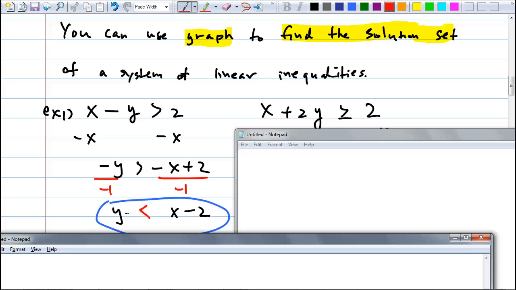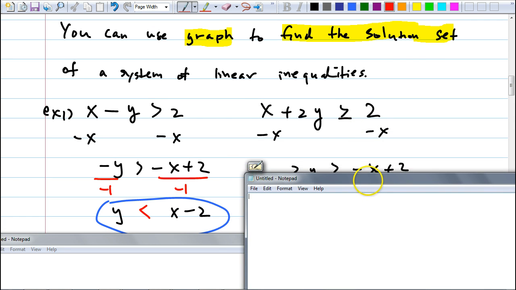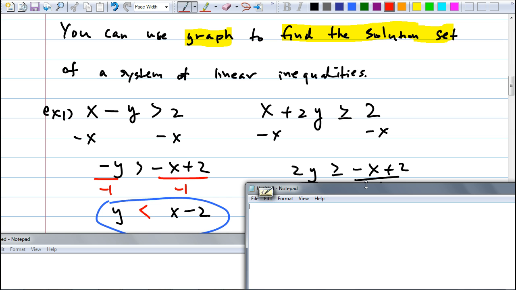Let's do the second one, okay? All right, so for the second one, we're of course going to subtract x from both sides. We get 2y, just like before. It's the same exact equation, right? 2y is greater than or equal to negative x plus 2. And now we're going to divide both sides by 2, correct? Do we reverse? No, we're dividing by what kind of number now? Positive.